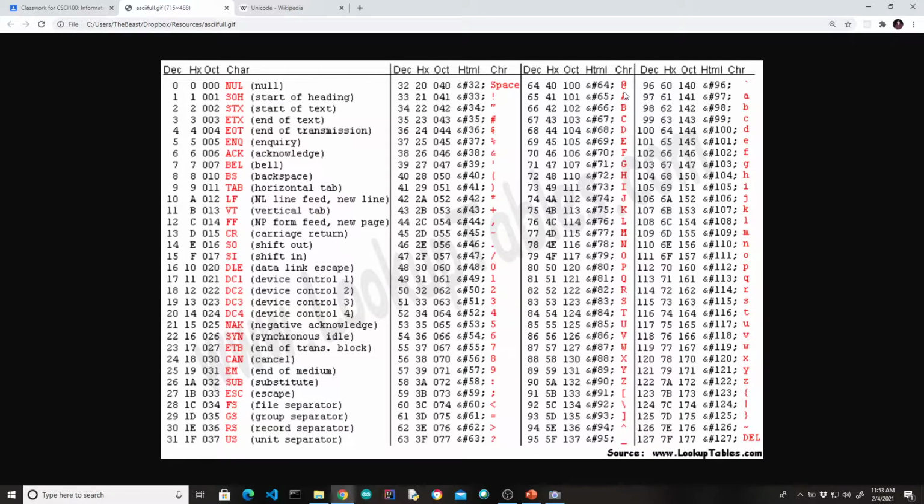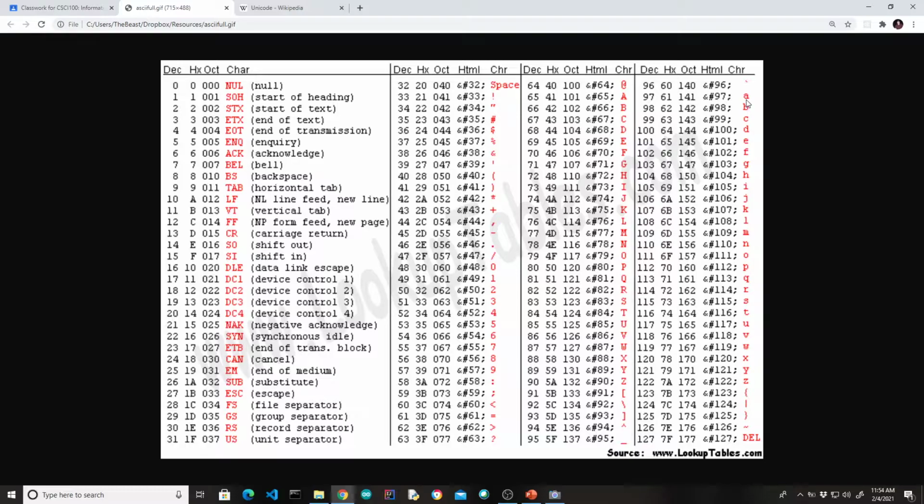So for a computer, if we were to translate that 65 into binary, it would understand it as the letter A. Similarly, if you go straight across, the decimal value 97 equates to the lowercase a. So now we have a way that we can write things.